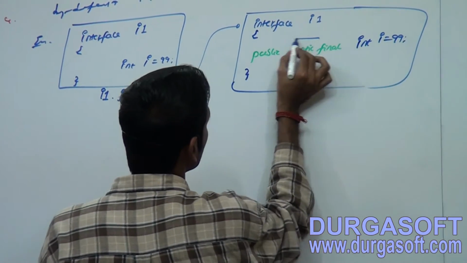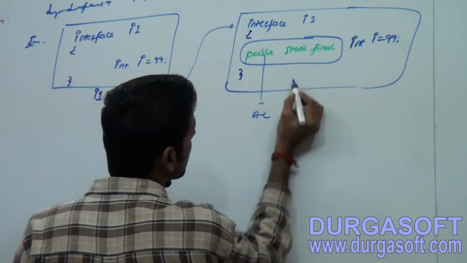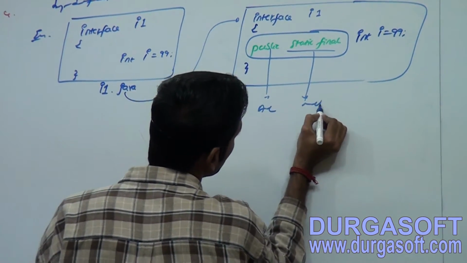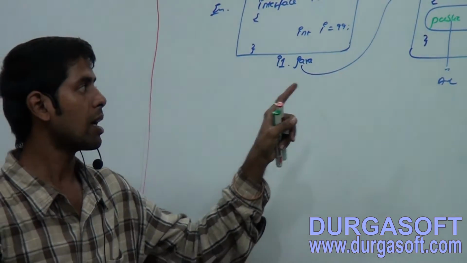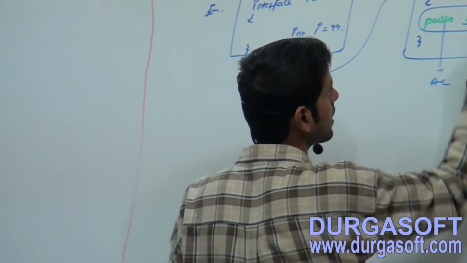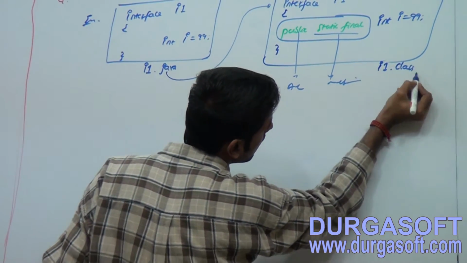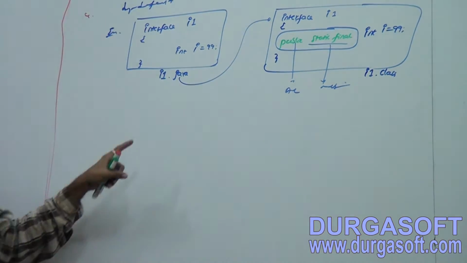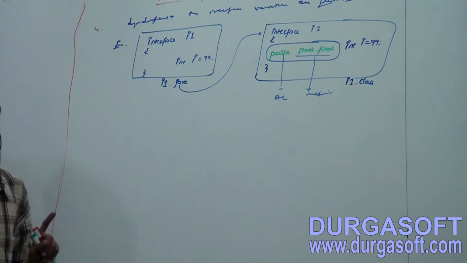So who is giving these three, one access modifier and these two modifiers? Our compiler is writing these things in the I1.class file. If we compile, that will be the status of our .class file.